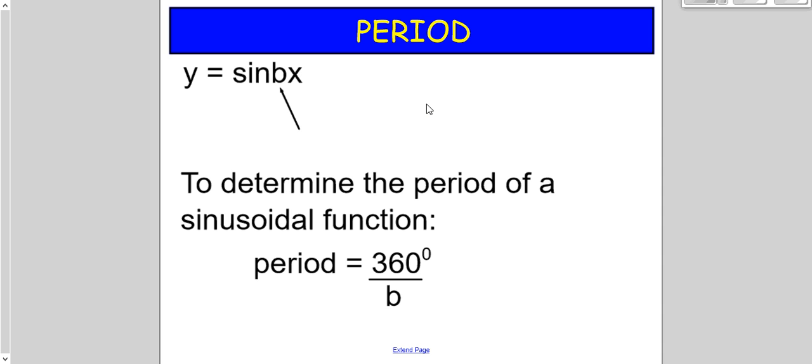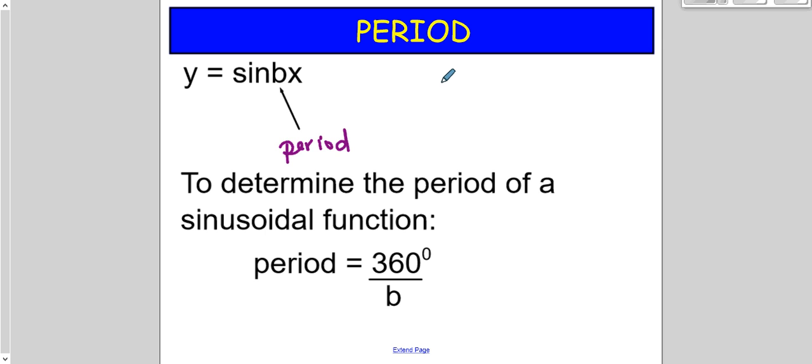Okay, so you saw that as you have your B value right before your X, so it's being multiplied to the X, that is the period, the length that it needs in order for one cycle to occur.